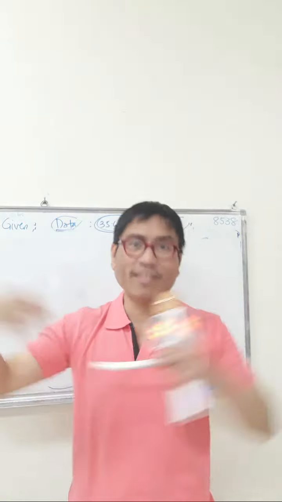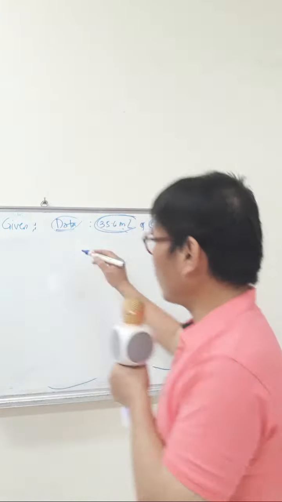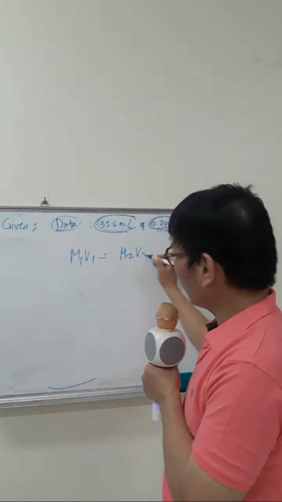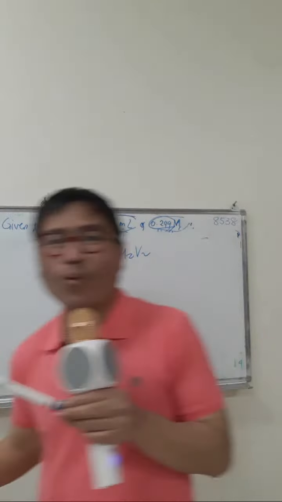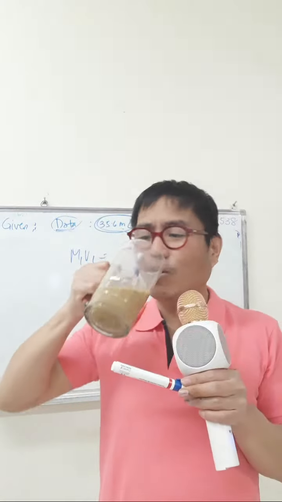Of course, because it's not matching. So I will use this one: M1 V1, M2 V2. That's why I always emphasize that we need to calculate that very well so that it will be correct technically.